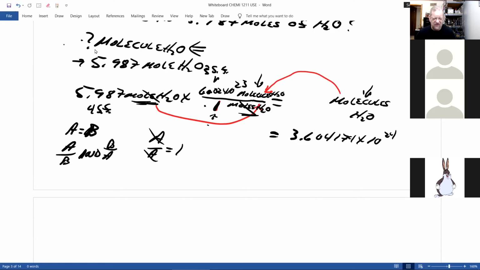When you multiply and divide, by the way, 1 is an exact number and plays no role in determining significant figures. So 4, 3, which is the lower number. Hopefully you pick 3, round this off to 3, keep the 3, keep the 6, keep the 0, use the 4 to round off.